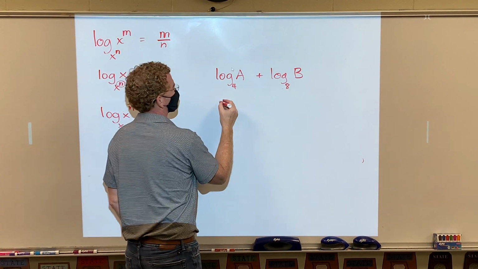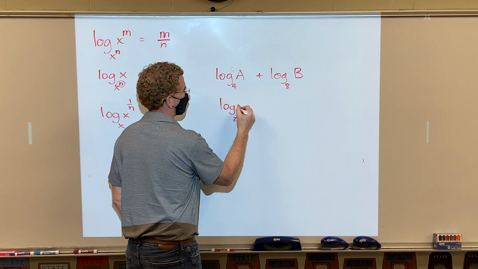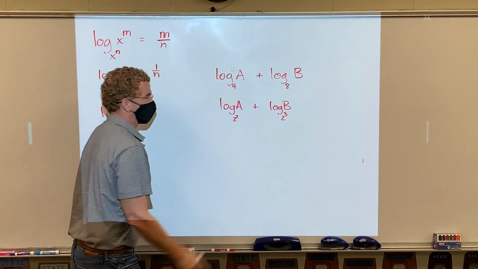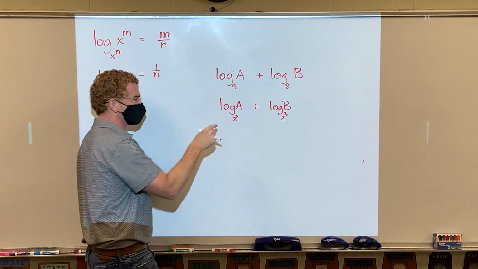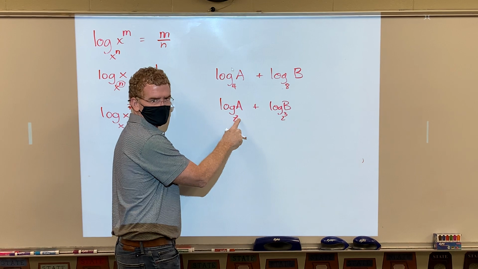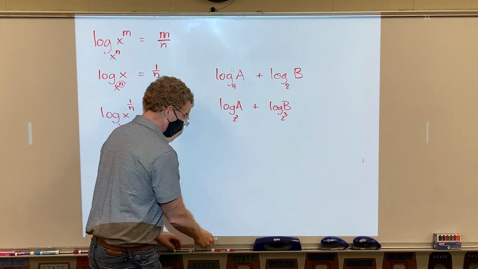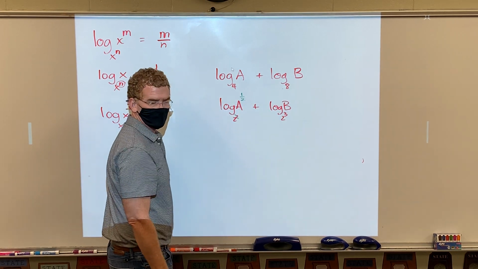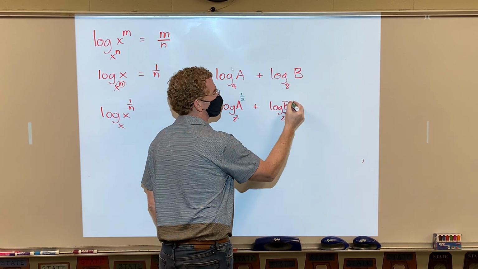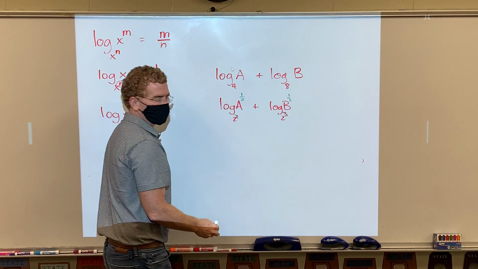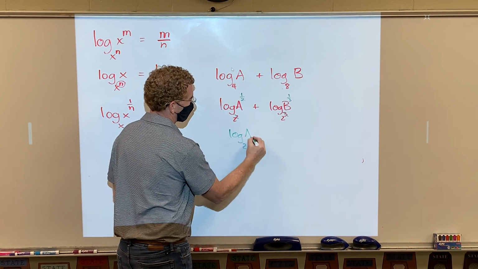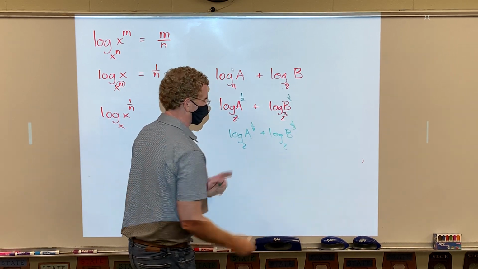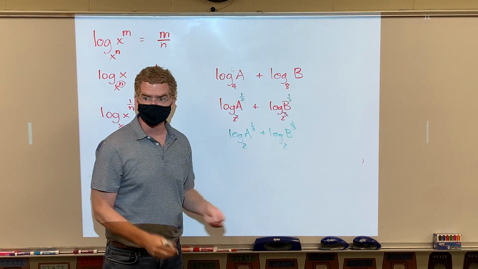If I change that to base 2, and that to base 2, what is this 2 the same as? That 2 on the bottom could be rewritten as a 1/2 up here, and this 3 on the bottom could be written as a 1/3 up here. And now I have like bases. As you remember from last year, you can't add unless you have like bases, but now I can.